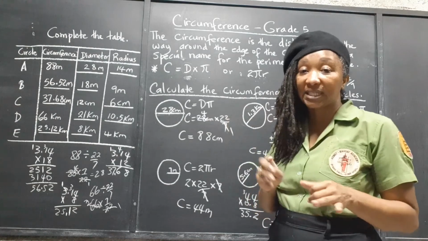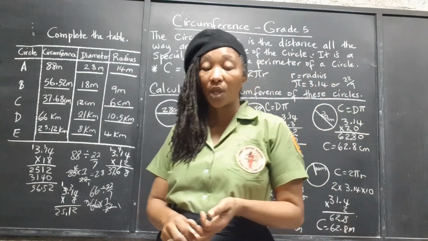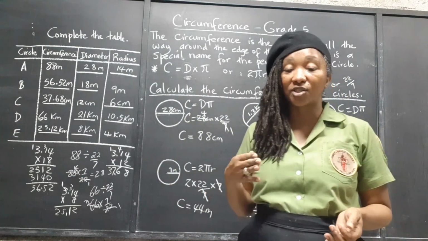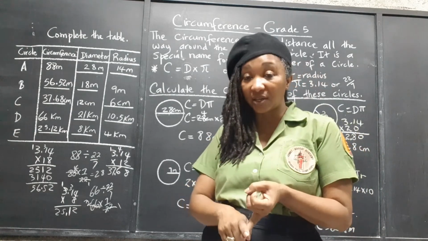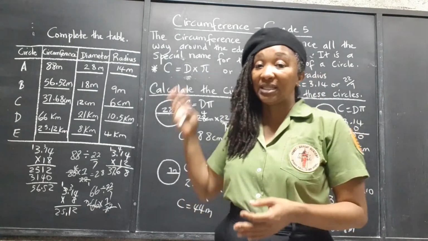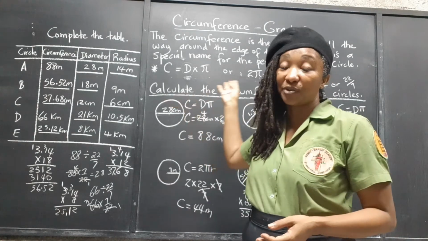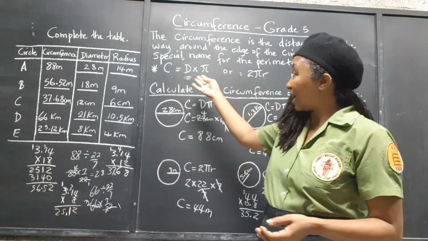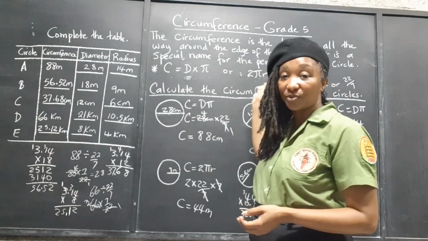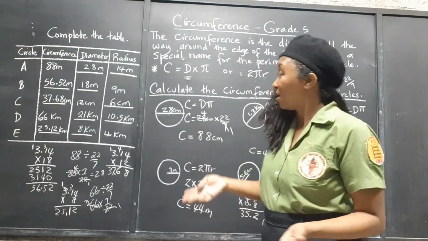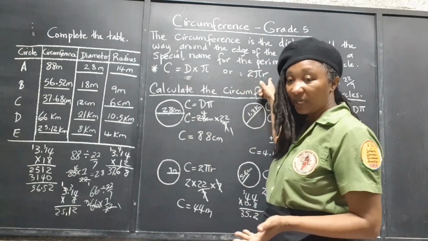The circumference is the diameter times pi, or if we're given the radius, the circumference is 2 times the radius times pi. Same formula really, we're just rewriting it using the diameter in this case, and using the radius in that case. It's the same thing we're doing because the diameter is 2 times the radius.